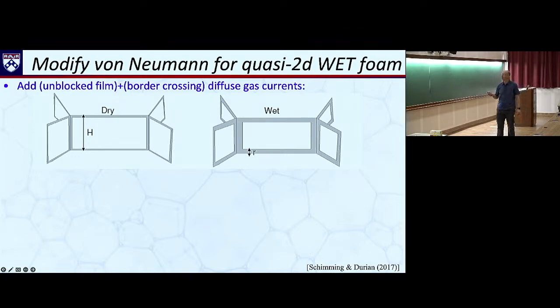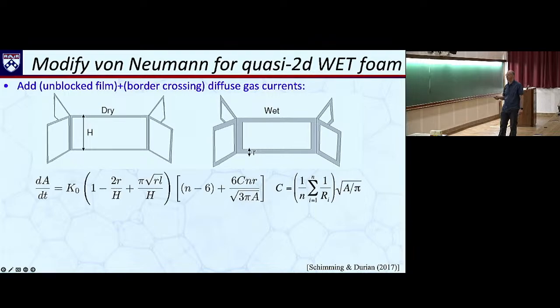So we're going to include border crossing physics around this window frame: film plus through the borders. We'll just repeat the von Neumann argument, including those two things, and here's what we find. It looks like a mess. There's a bunch of terms here, but let's make it simple first.